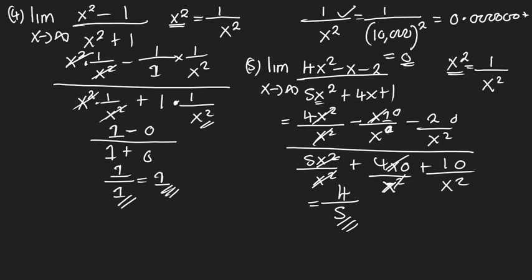Okay, that is just how you solve those particular questions. Let's go to another question and see how best we can answer. Okay, I want you to look at this.